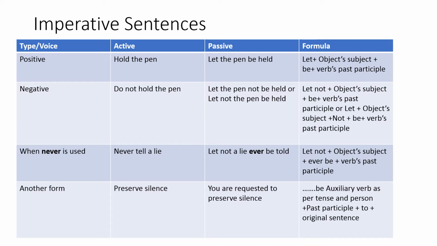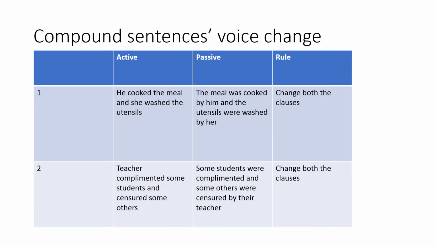Now comes the compound sentence. A compound sentence consists of two parts, two sentences that are called two clauses. Both of them are independent clauses.